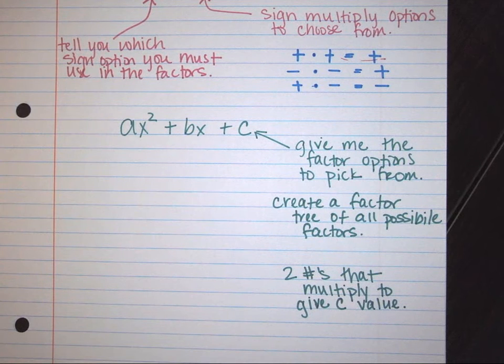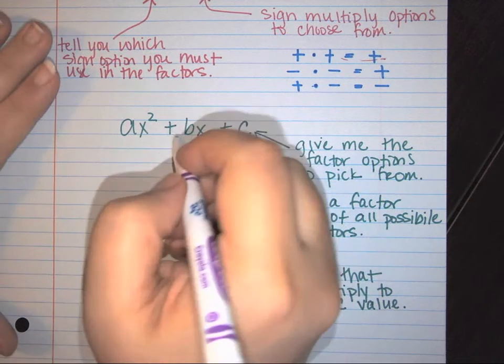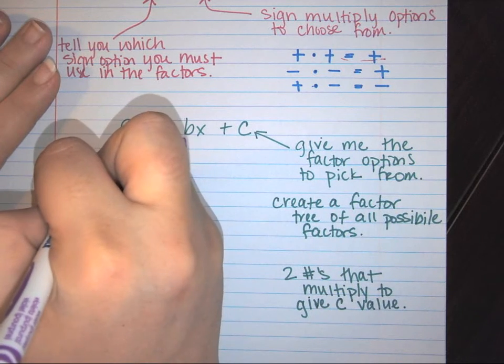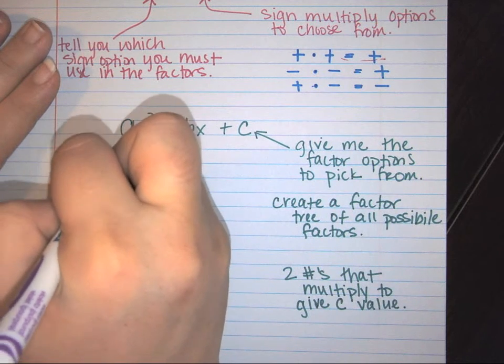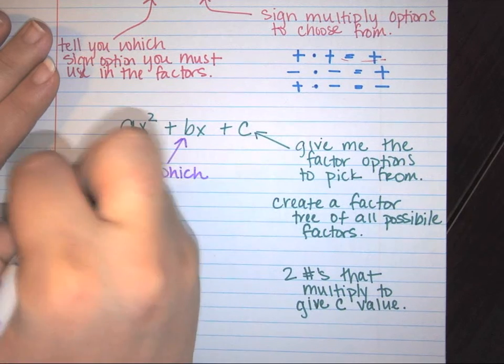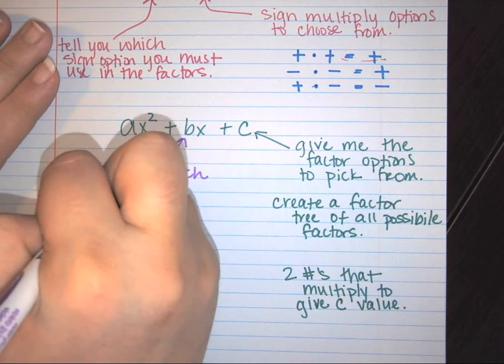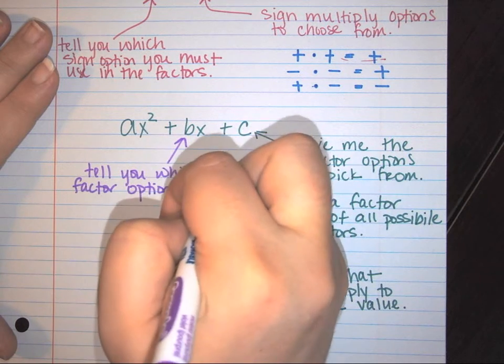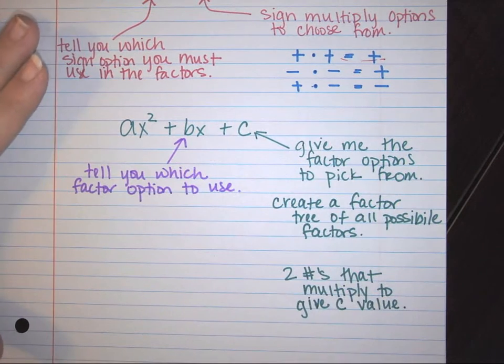Now the other thing that we have is our b term. So this b term here, okay, is going to tell you which factor option to use.